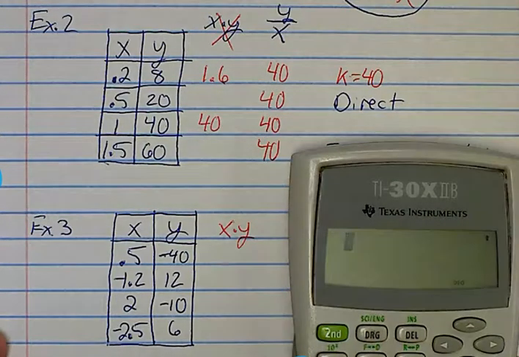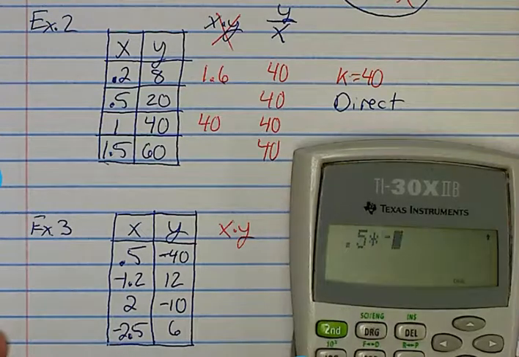Okay, so we'll just start multiplying. We'll do 0.5 times negative 40. So that's negative 20.